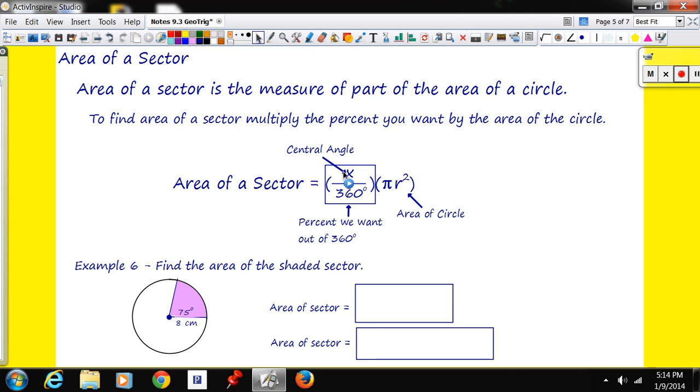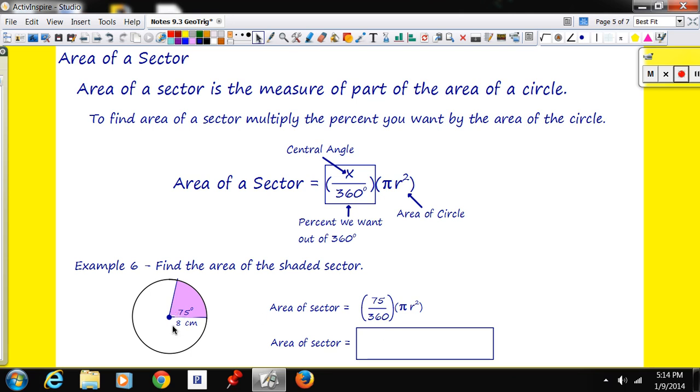The central angle over the 360 is the percent that we want. And then this time I got to use the area formula, not the circumference formula. Pi r squared is our area formula. So if I want to find the area of this shaded part, I need to use my formula, and I need to plug in my central angle, 75 out of 360.